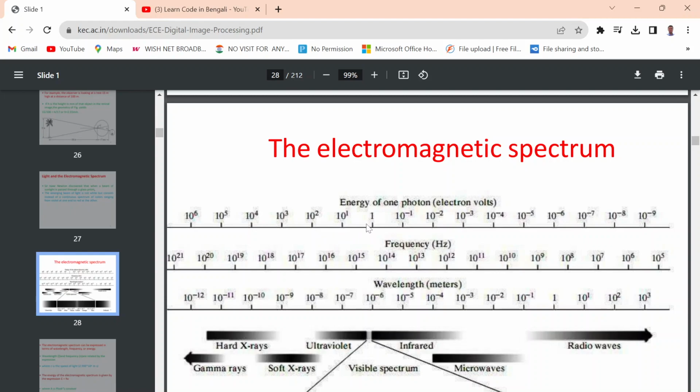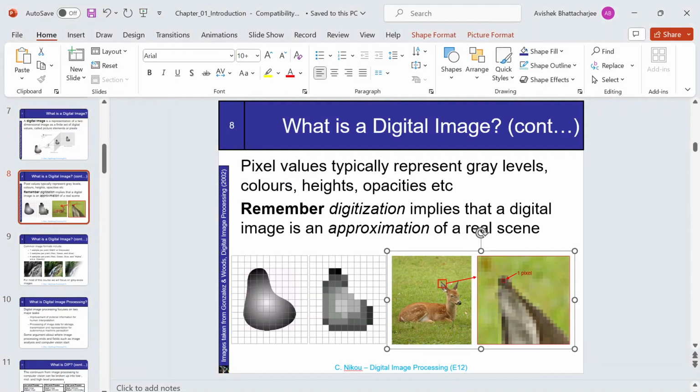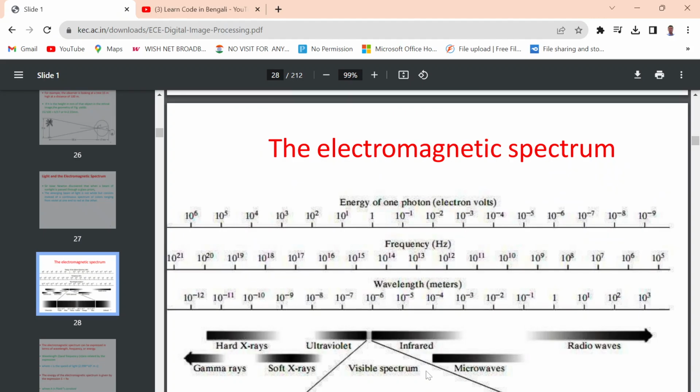And 10 to the power 0 is the visible ray. In visible light, everything you can see, such as this picture, is visible. Next come to the microwave.